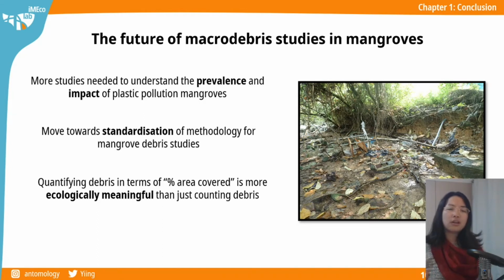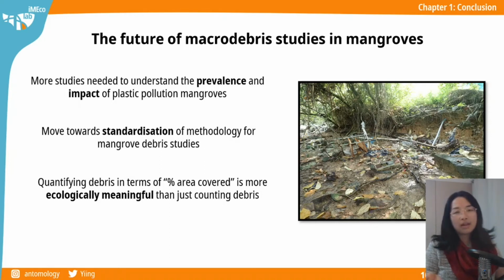So for future studies, what I'd really like to see is more studies trying to understand how much rubbish is in mangroves across the world, and also the impact this plastic pollution might have on mangroves in general. I think we need to move towards standardized methods for understanding how much debris is actually in a mangrove.